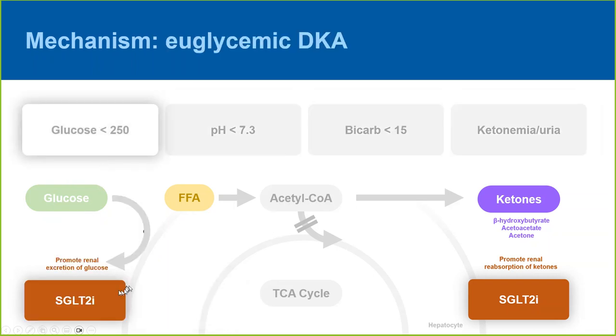But if you have SGLT2 inhibitors around, which promote the renal excretion of glucose, it will confuse some doctors because it will drive the glucose levels down, oftentimes even below 200, while the patient is still very acidotic, creating this environment of euglycemic DKA.